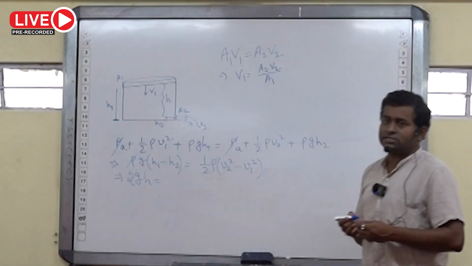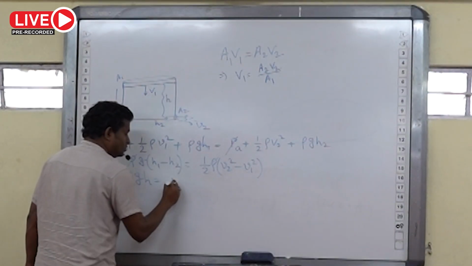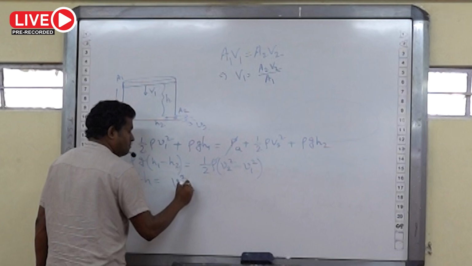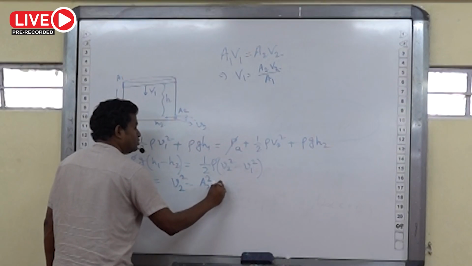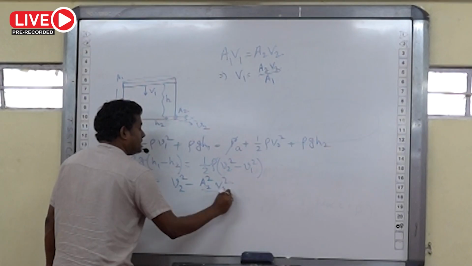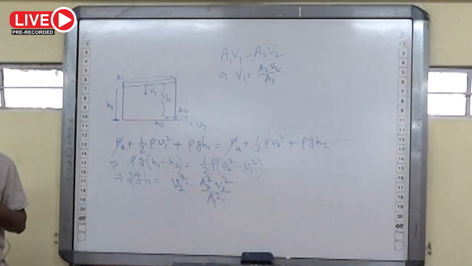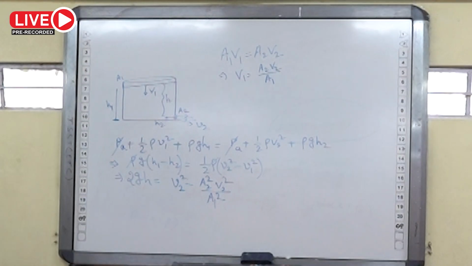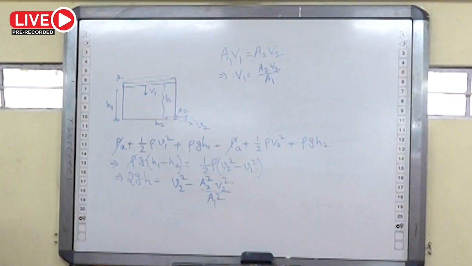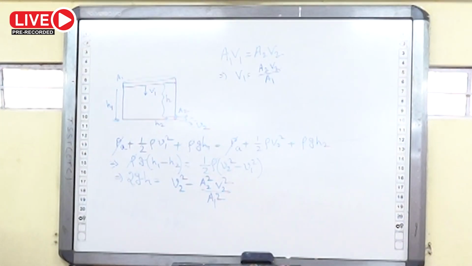Substitute it here in place of V1. What you will get? 2gH equal to V2 square minus A2 square V2 square by A1 square.